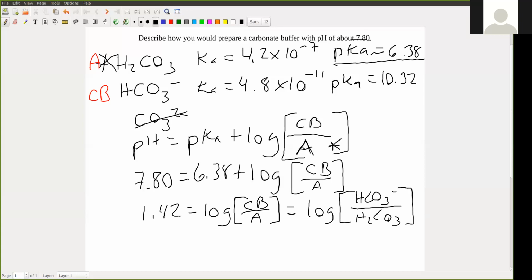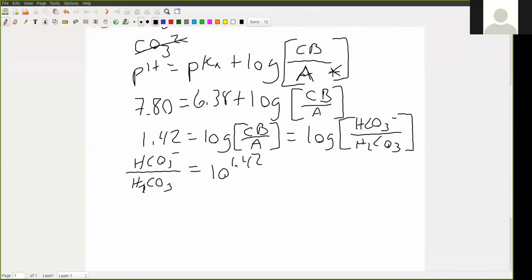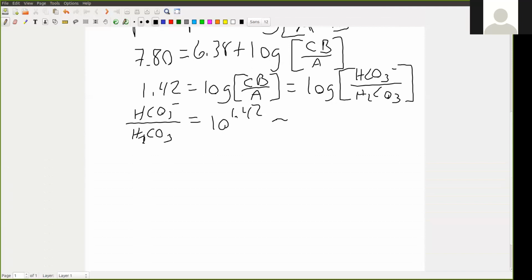To remove that log, we raise every term as the exponent of 10. So we now know that the ratio between HCO3 minus over H2CO3 is going to be equal to 10 to the 1.42 power. It's pretty big in this particular case. That's approximately 26.3.